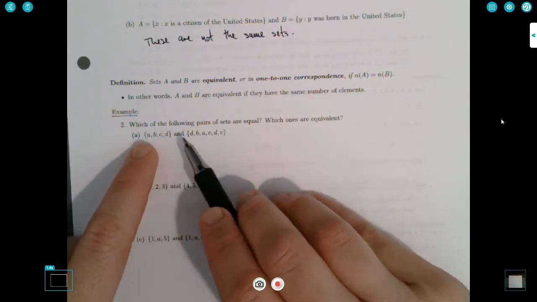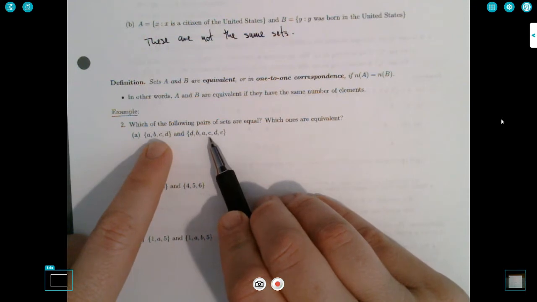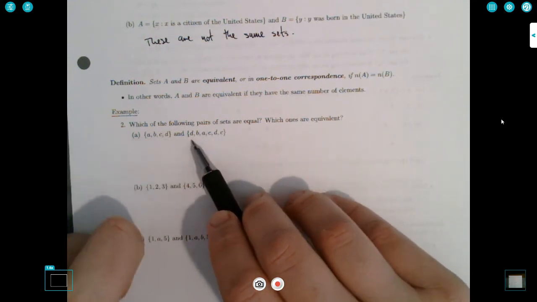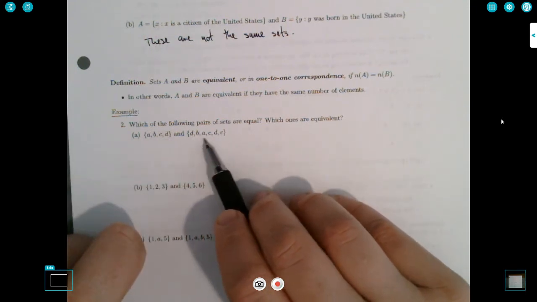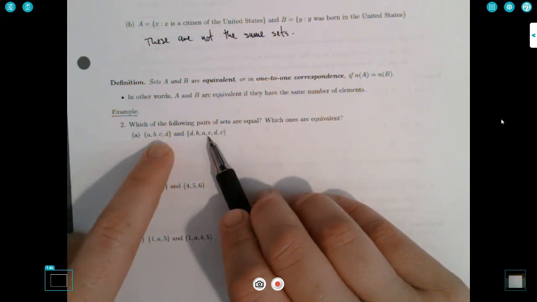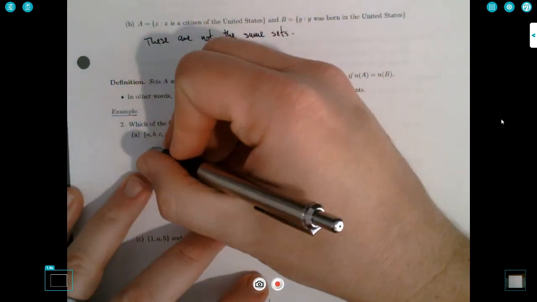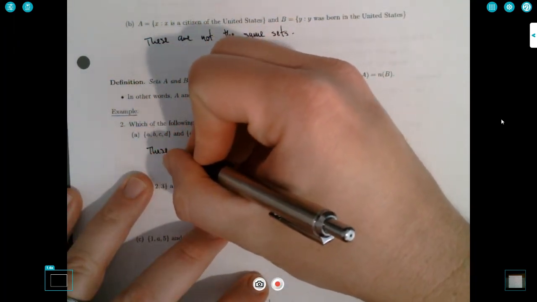A is in both sets, B is in both sets, C is in both sets, D is in both sets. And then does this set have any letters that are not in here? C is there, D, C, A, B, D. So no. They have the exact same elements, and so these sets are equal.